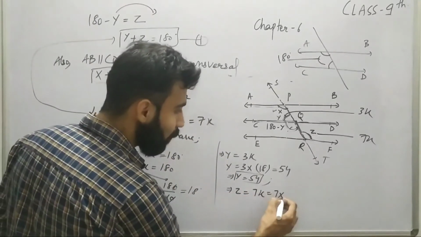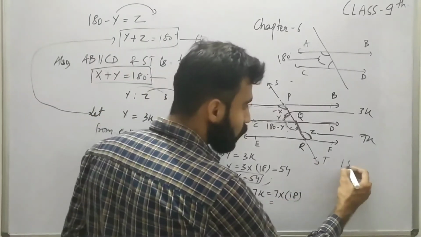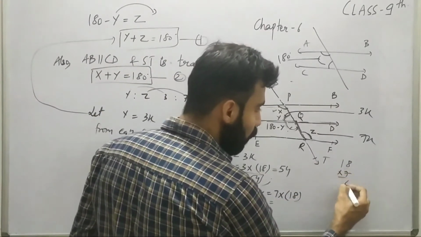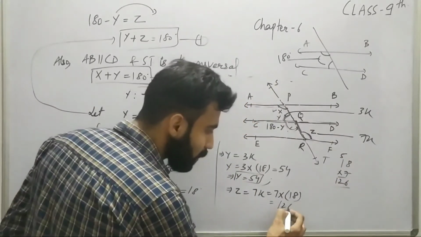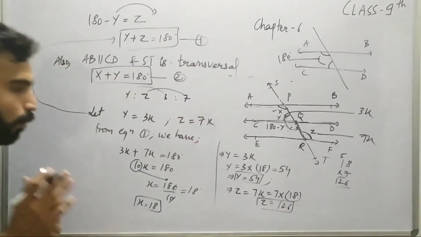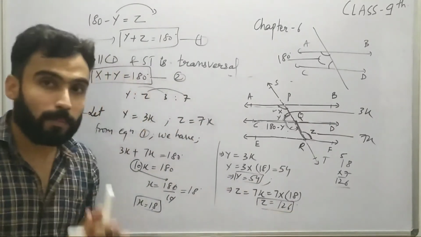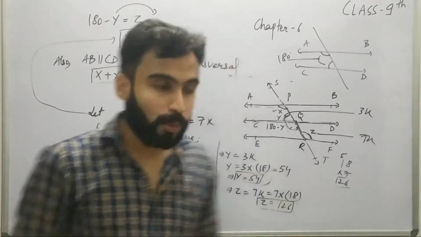That means 7 into 18. Let me solve it. 7 times 8 is 56, 5 is here. 7 times 1 is 7, plus 5 is 12 here. So 126. This is the value of Z. So we have acquired both the values of Y and Z. Next step is we have to find the value of X. That was our motto.